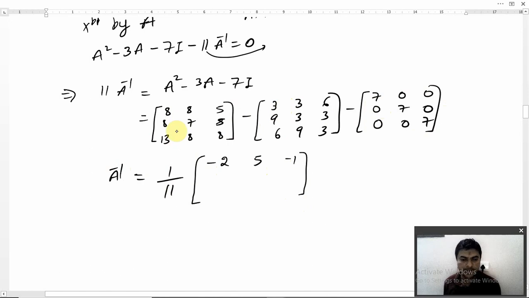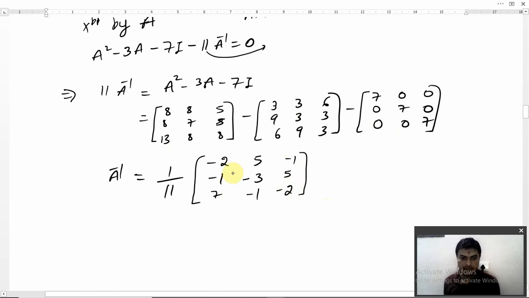So 8 minus 9 is minus 1, 7 minus 3 minus 7 is minus 3, 8 minus 3 is 5, 13 minus 6 is 7, 8 minus 9 is minus 1, 8 minus 3 minus 7 is minus 2.